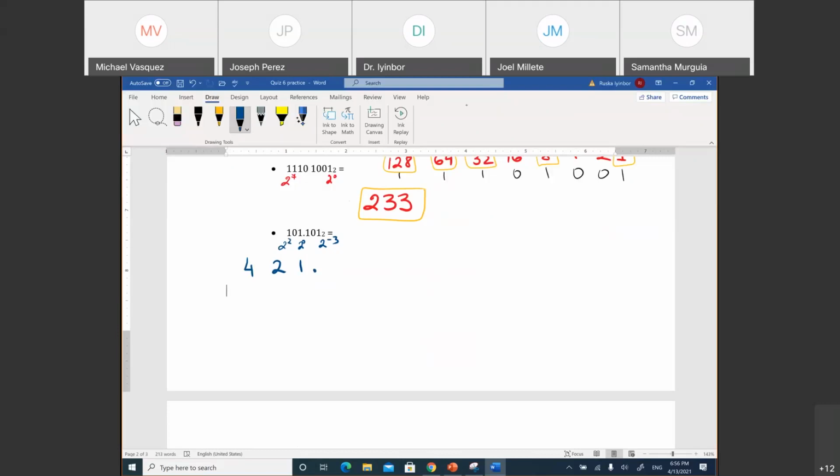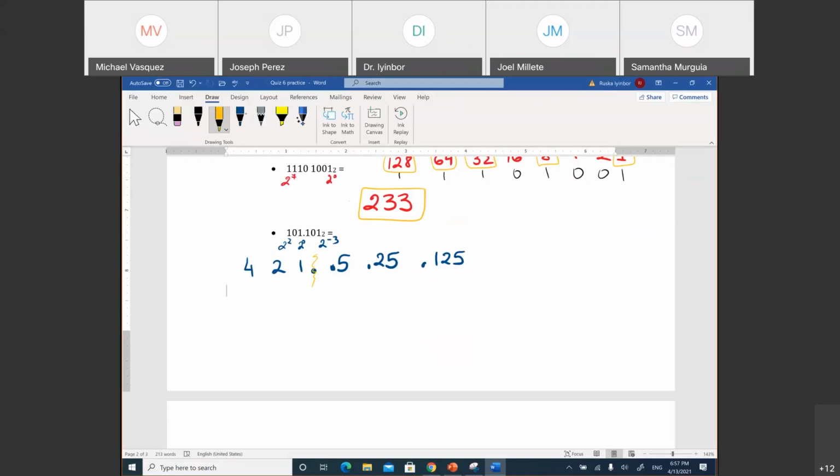It's going to be 0.5. The next digit is going to be 0.5 divided by 2, right? The next one is going to be 0.25. And then the next one is going to be 0.125. So these are the digits after the decimal. Okay? So you have the point here. And these are the digits.